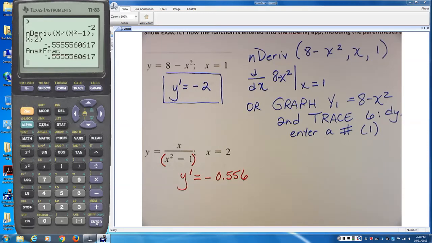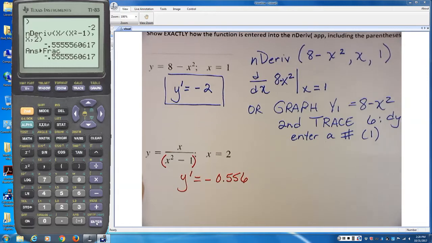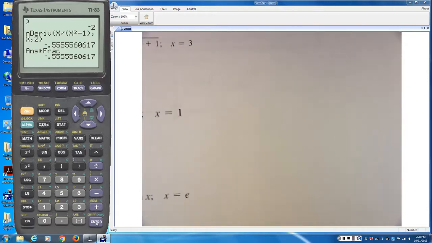Is this working for everybody? Let's do a couple more, and then we're going to do an application problem, because I know one of the things that you struggle with is how do I answer these questions? Not how do I do the calculus part of the algebra, but how do I answer the question?